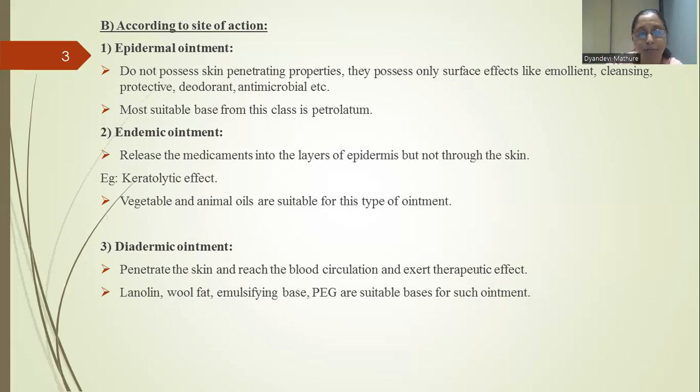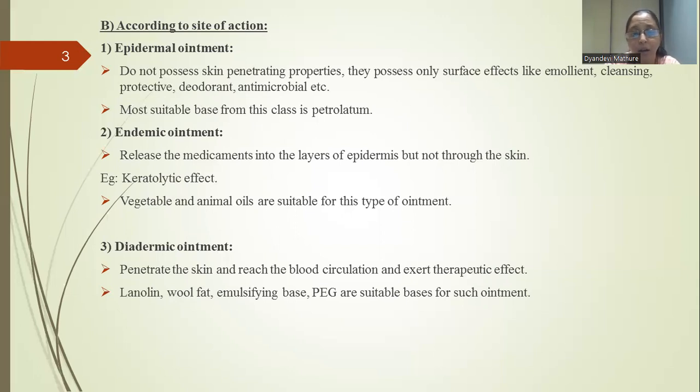Here these endodermic ointments release the drug into the epidermis. So they cross the epidermis and release the drug there, but not through the skin, and they will not cross the other layers of the skin. For example, it will produce a keratolytic effect. Examples are vegetable and animal oils, which are suitable for this type of ointment.